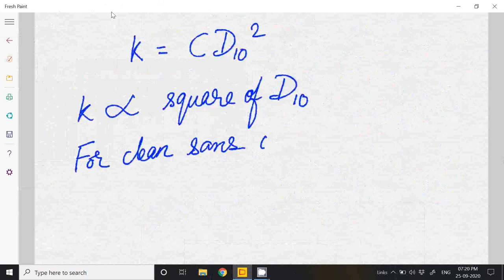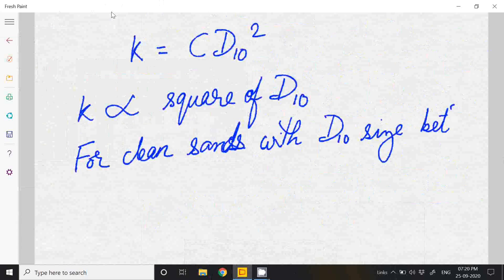Okay, this is for clean sands with D10 of size 0.1 mm to 3 mm.